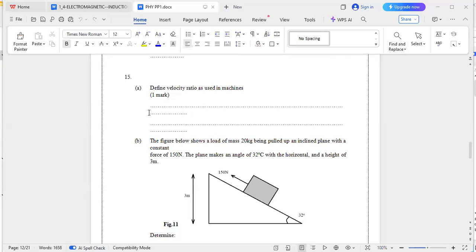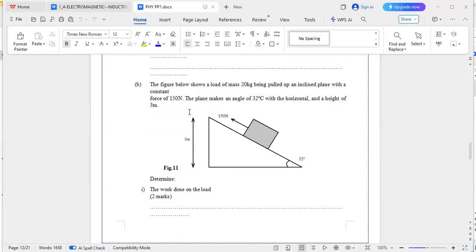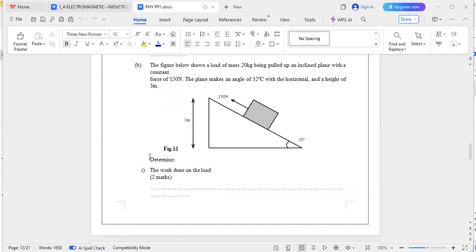So velocity ratio is the ratio of distance moved by effort to distance moved by load. B, the figure below shows a load of mass 20 kilograms being pulled up an inclined plane with a constant force of 150 newtons. The plane makes an angle of 32 degrees with the horizontal and the height of 3 meters. Determine the work done on the load.